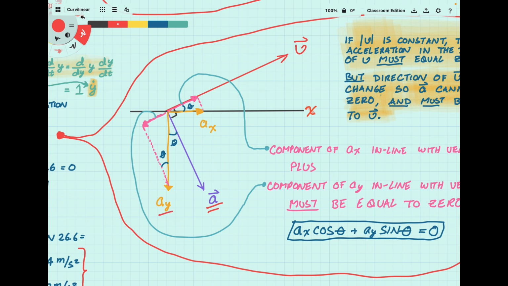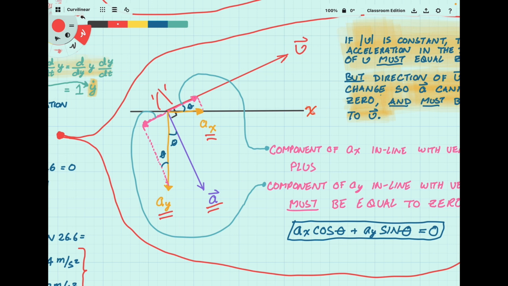And then in yellow, I've penciled in the components of that vector, which would be ax and ay, in the Cartesian system. And the two pink vectors here, that one and that one, are the components, respectively, of ax that is projected along the velocity vector, and of ay that is projected along the velocity vector.